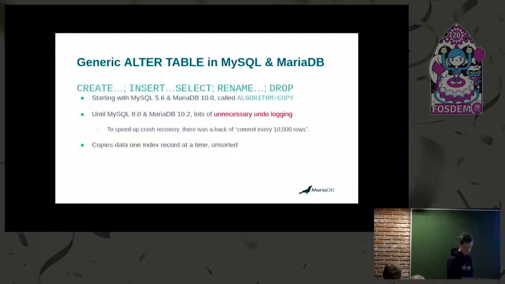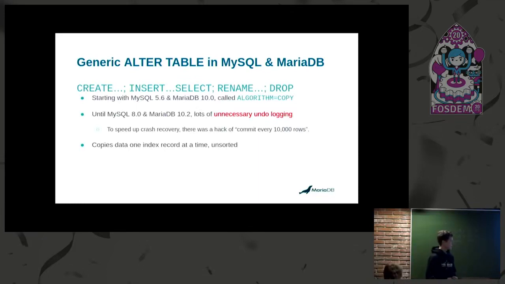Let's see, this is how the slide changes. So in the beginning there was only this generic form of alter table, which would internally create a new table corresponding to the requested changed table definition, and then copy all the rows one by one from the old table to the new table, and then finally rename the old table to a temporary name and rename the intermediate copy of the table to the original name and drop the original table.